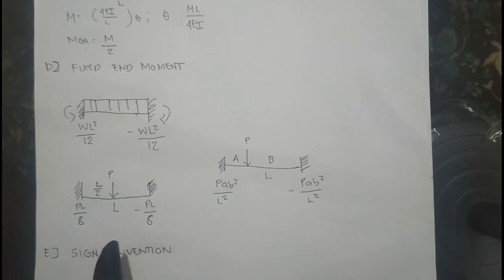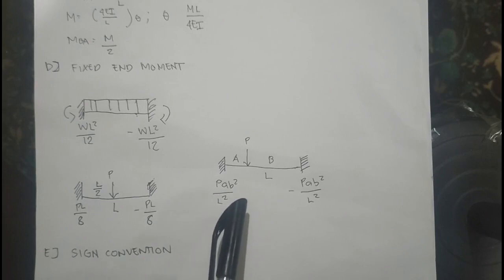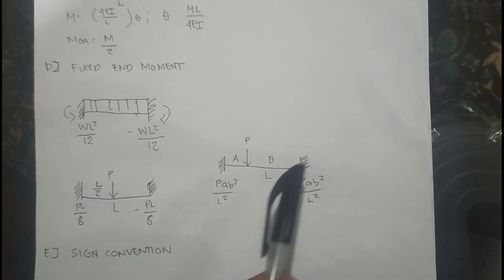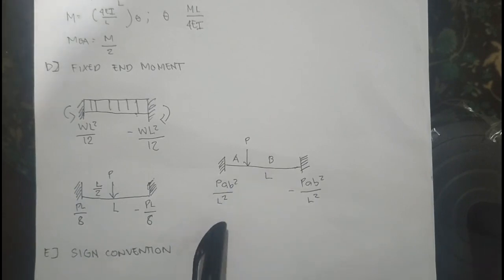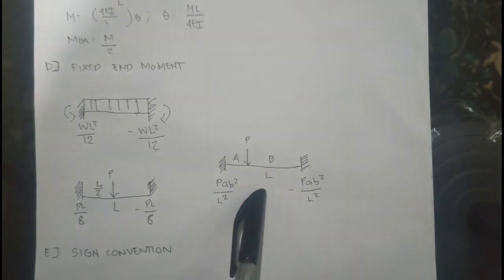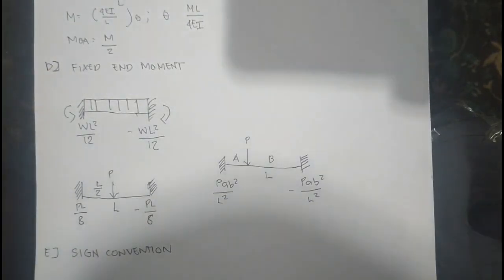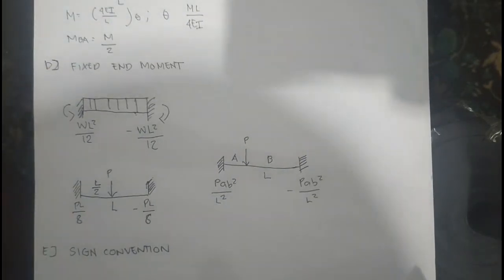Next, if the external load is at the center, you can use the formula PL over 8. If your external load is at the far end, you can use PAB squared over L squared. Then the last step is because of the sign convention.